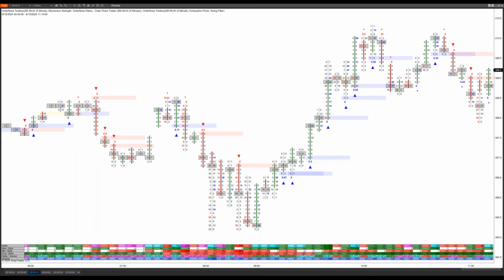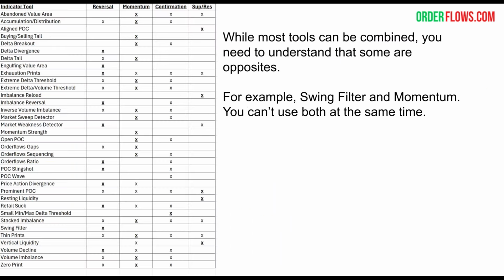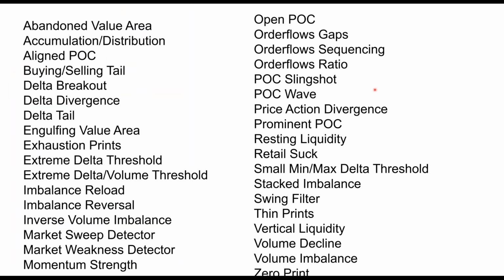Simon asked, so I see some new tools in this which are not in the 32 of the Orderflows Trader. Let's go back to the list here. Simon, you should be on Orderflows Trader 7, okay? And all these are in Orderflows Trader 7.